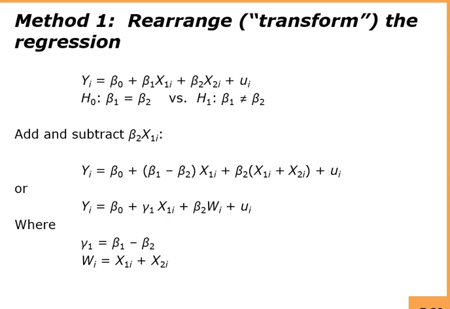For example, if we are estimating this equation over here, and we test the null hypothesis that gamma 1 is equal to 0 against the alternative hypothesis that gamma 1 is not equal to 0, we are essentially testing that beta 1 is not equal to beta 2. We'll take a better look at this in the next slide.